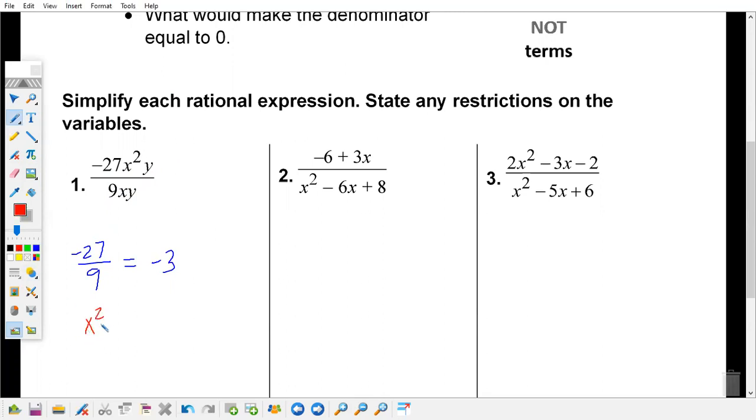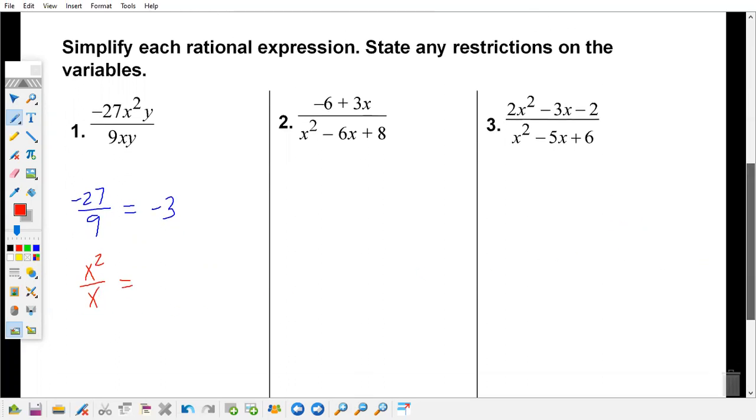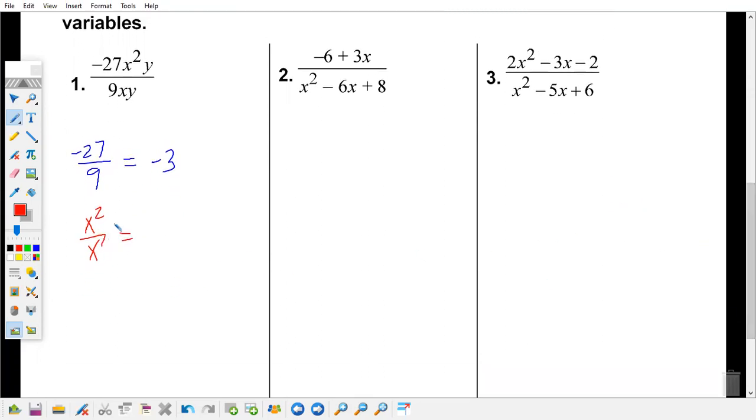Now we go on to our x's. We have x squared divided by x. That means I am doing what with the powers? Subtracting. So what is 2 minus 1? That leaves me with x to the 1. Then we have y divided by y, which is just what? 1. Anything divided by itself is 1.